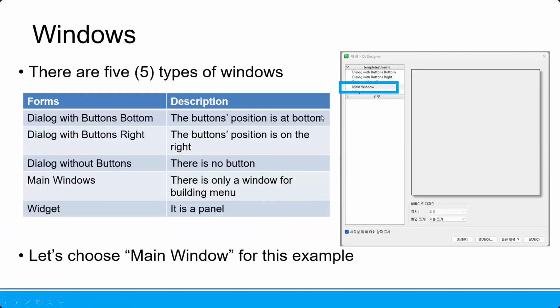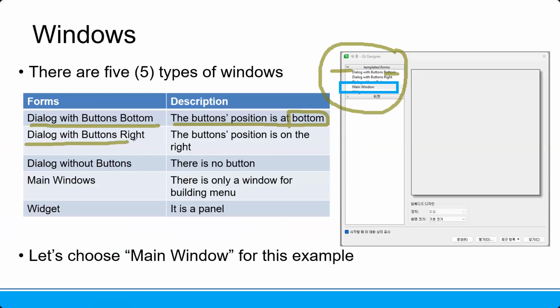So let's take a look at the windows. When you create the design the first time, there are 5 items. Dialog with buttons bottom. It means the button's position is at bottom.